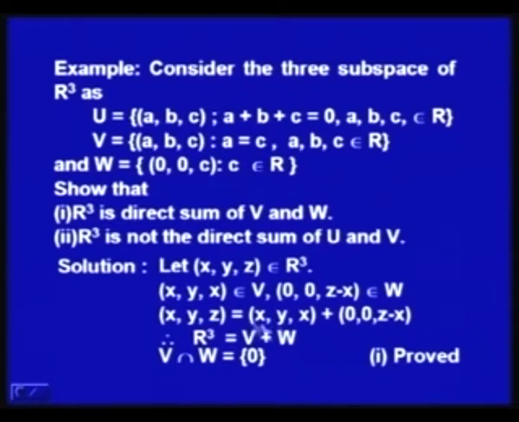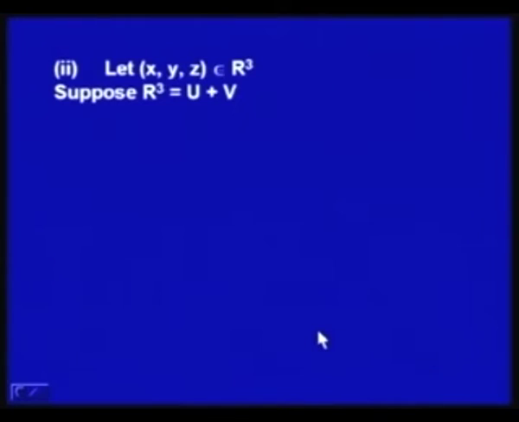This can be easily seen from the way we have chosen the vectors and that is why we can say that V intersection W is equal to the null vector, or R cube is the direct sum of V and W.